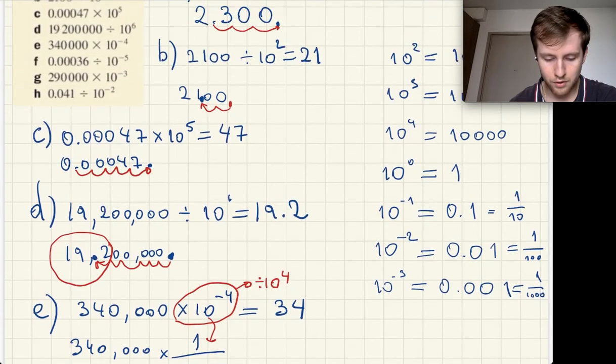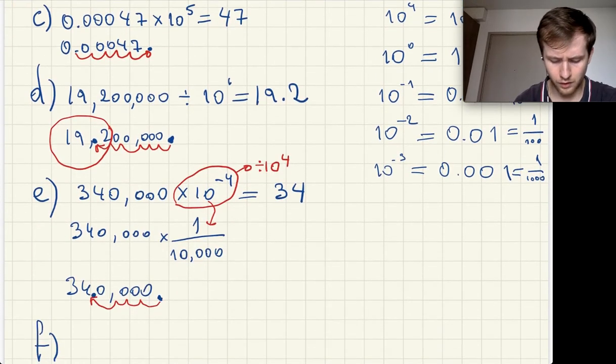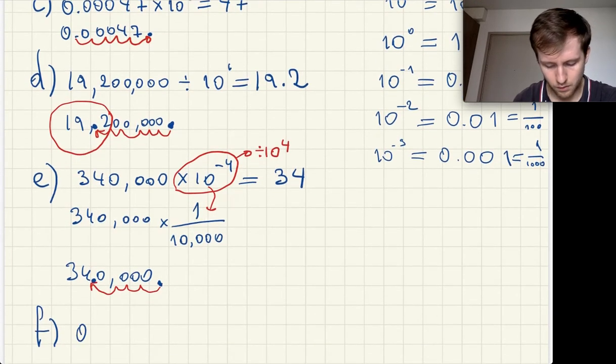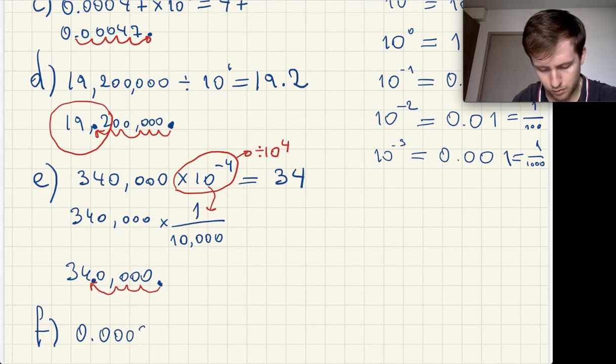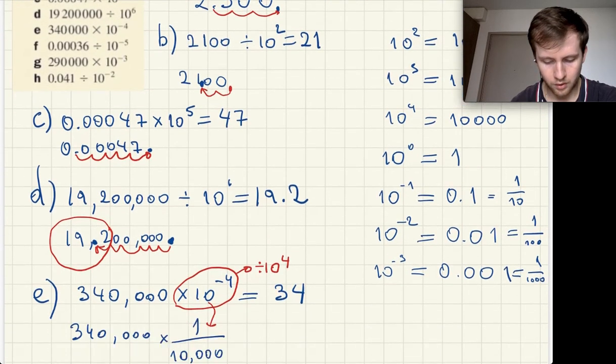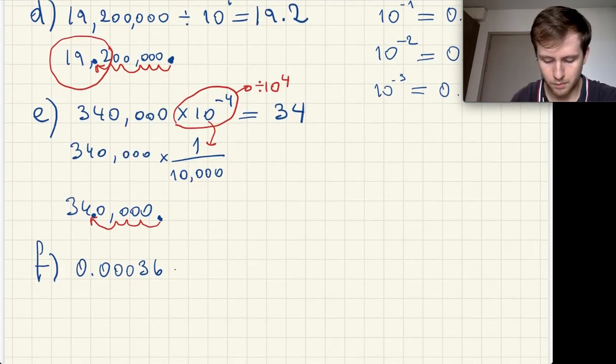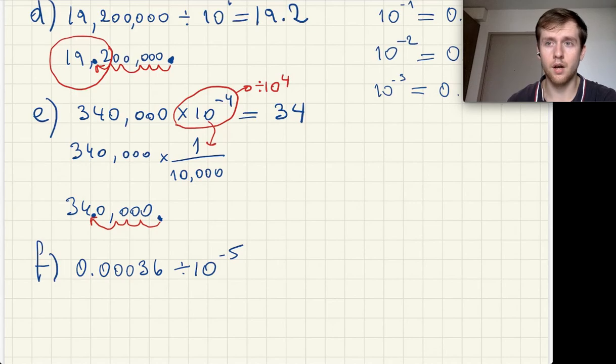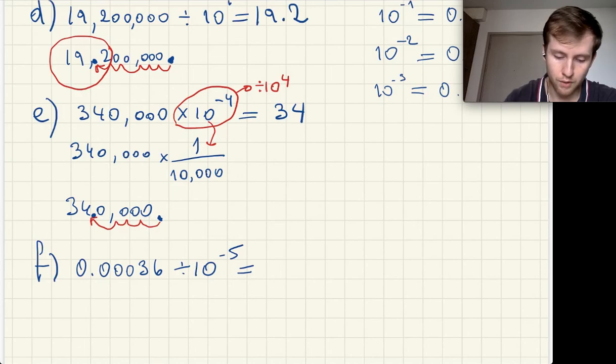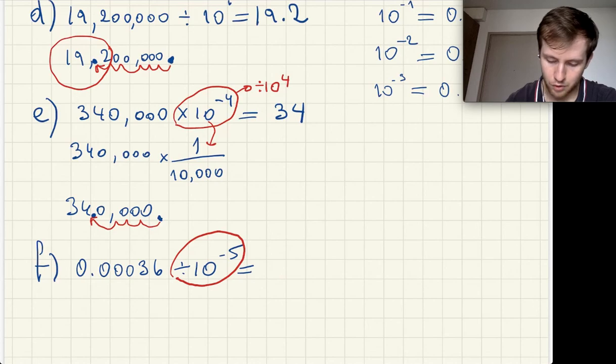So we have 0.00036 divided by 10 to the power -5. Let's figure this out. Again, if you want to get rid of negative power, you have to change the sign.